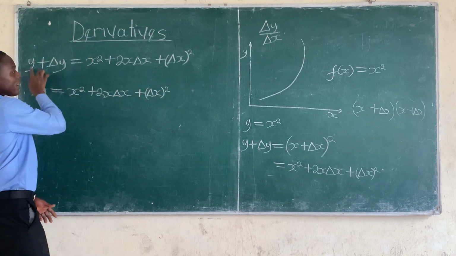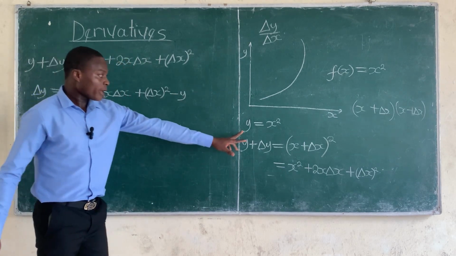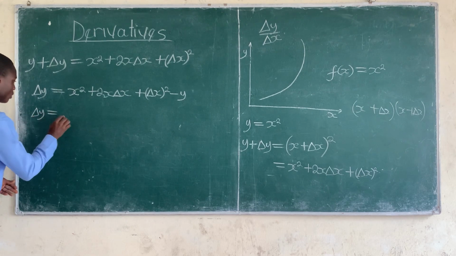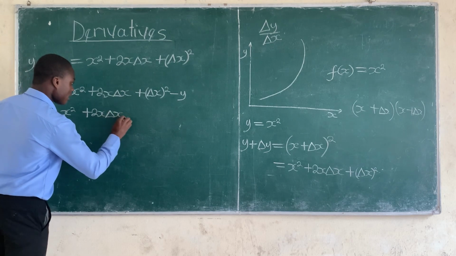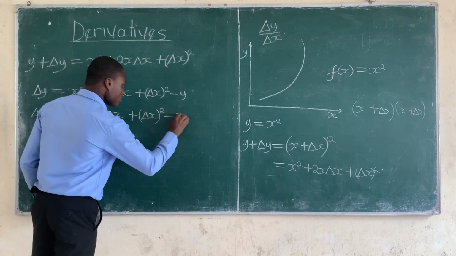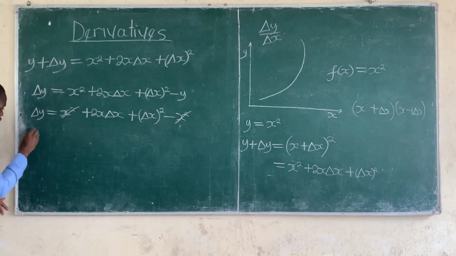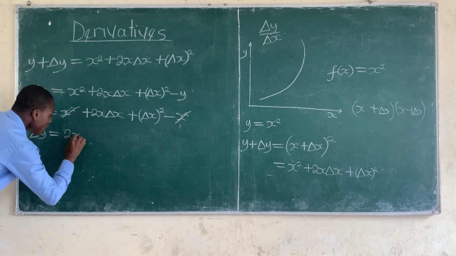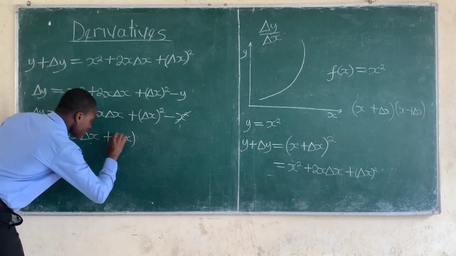And of course, if y comes to this side, we have minus y here. But don't forget, what is y? y is equal to x square. So we have increase in y equal to x square plus 2x increase in x plus increase in x square minus x square. So we cancel x square, and we have increase in y equal to 2x increase in x plus increase in x square.